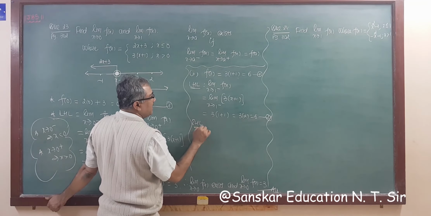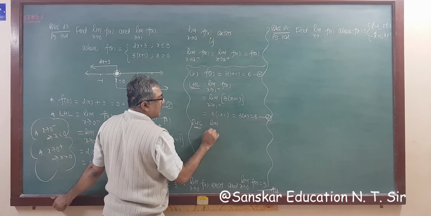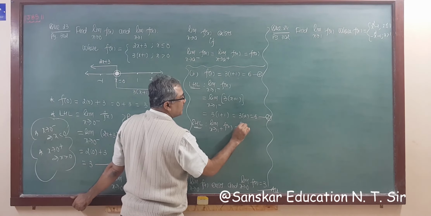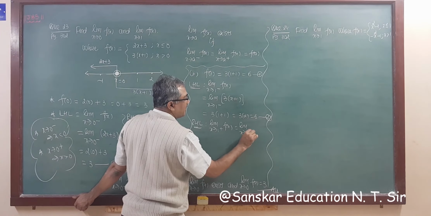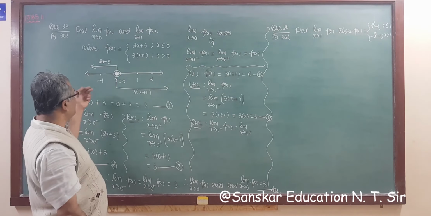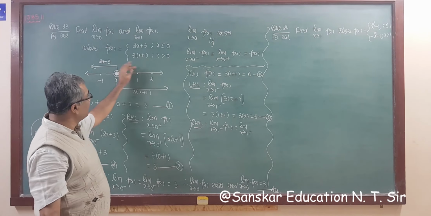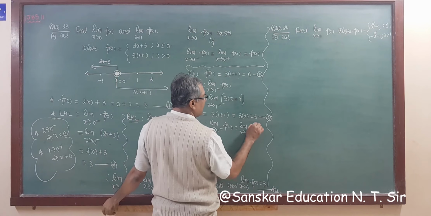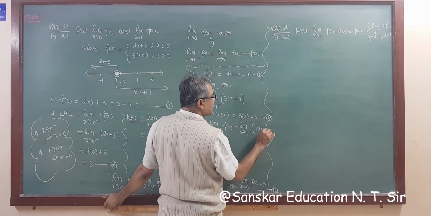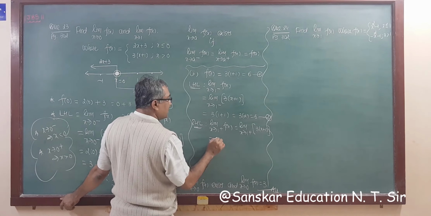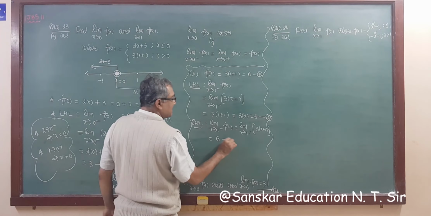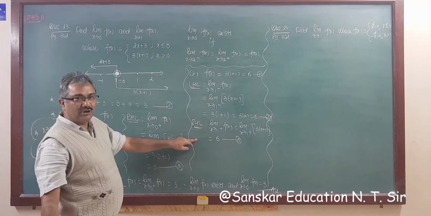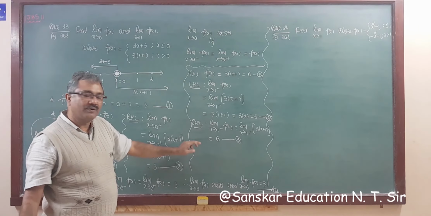And right hand side limit. So right hand side limit is limit x tends to 1 from right f(x), right, is equal to limit x tends to 1 from right. For x greater than 0, this function is again defined. For greater than 1, this is the function defined. So same function, same answer. So 3 times x plus 1. So no need to find out this, right? Directly answer 6. So from 1, 2 and 3, what we get? f(1) is equal to left hand side limit is equal to right hand side limit.